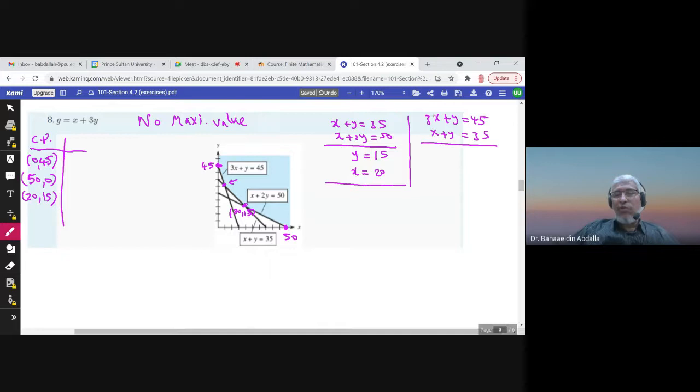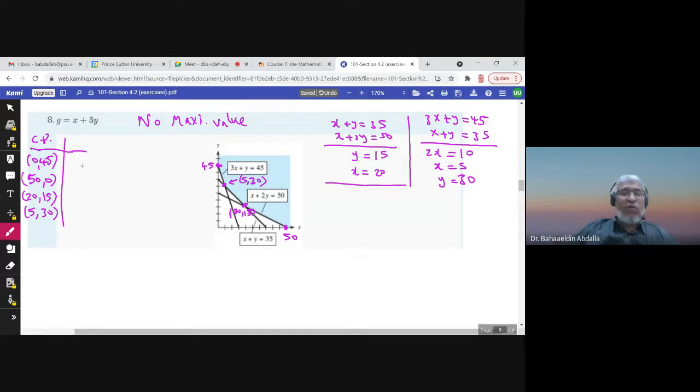I will also subtract: 3x minus x is 2x, y minus y is 0, 45 minus 35 is 10. So x is 5. If x is 5, then y is 35 minus 5, which is 30. So this point has coordinates (5, 30), and that is also one of the corner points.